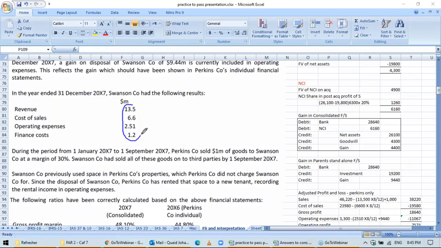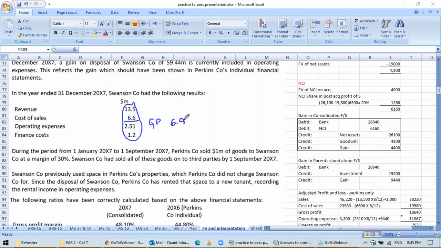If you put a check over here, calculate the gross profit margin from here. The gross profit over here, 13.5 minus 6.6, is approximately 6.9. Let me tell you the most important thing first.